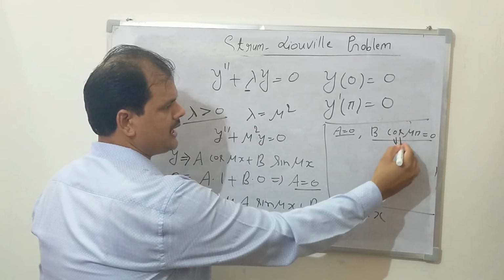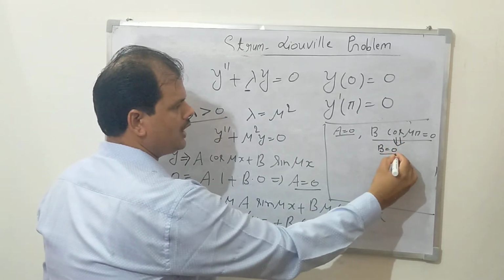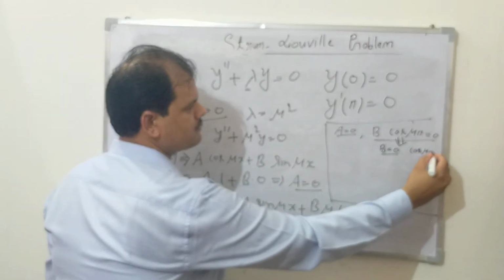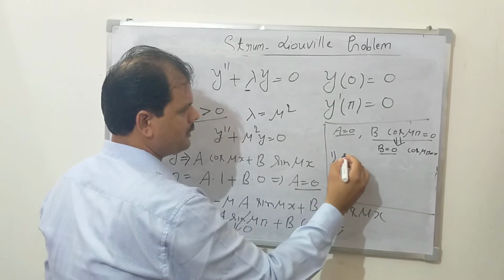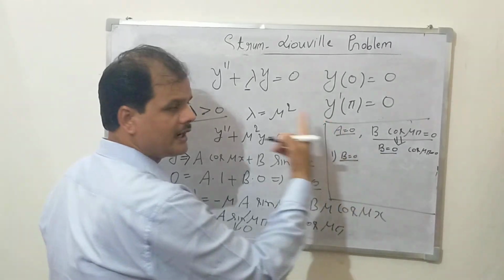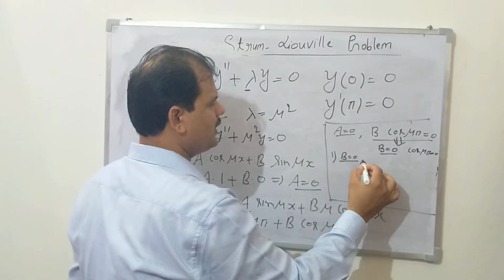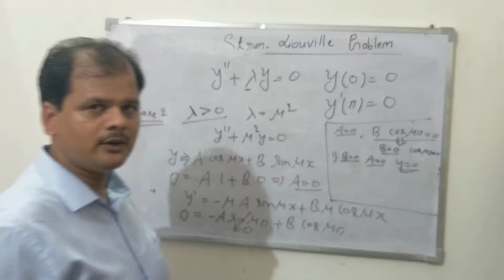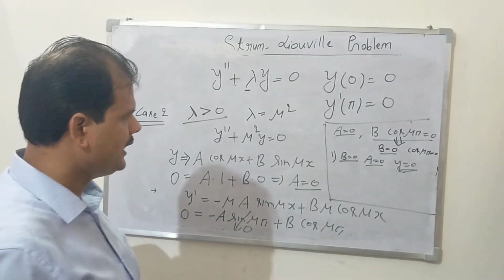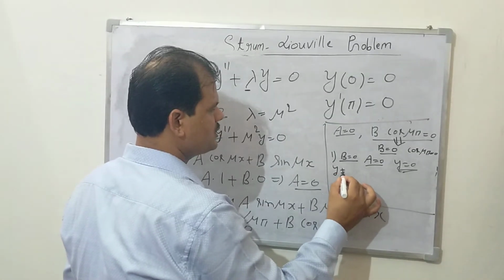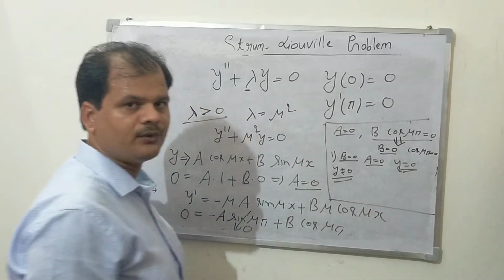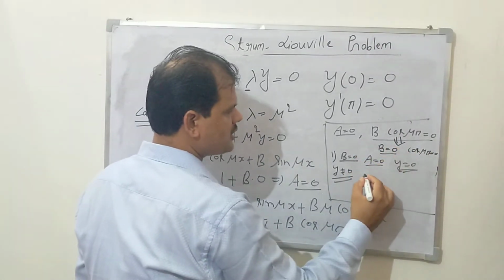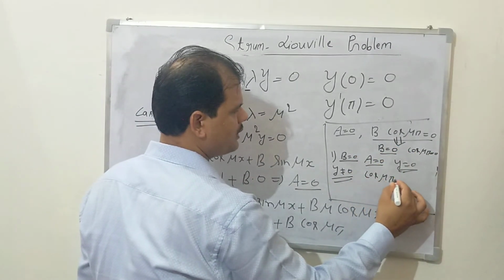So here are two conditions: either b equal to 0 or cos mu pi equal to 0. Let us see one by one. If b equal to 0, already a equal to 0, so we get y equal to 0. So we are getting the trivial solution, but we are looking for a non-trivial solution. Then for y not equal to 0, let us have a condition for a non-trivial solution. So b not equal to 0, so cos mu pi equal to 0.